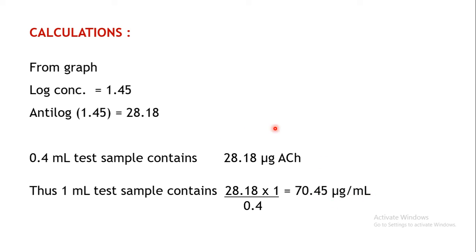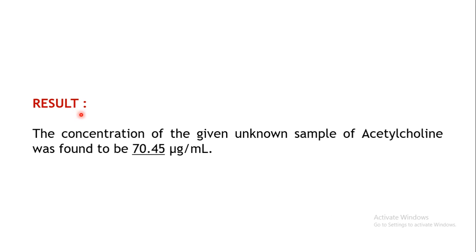So the result of the experiment is that the concentration of the given unknown sample of acetylcholine was found to be 70.45 micrograms per ml.